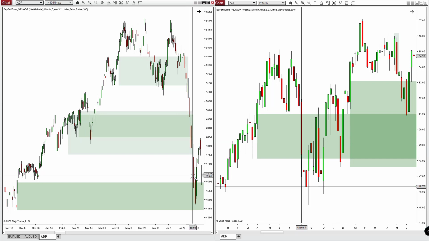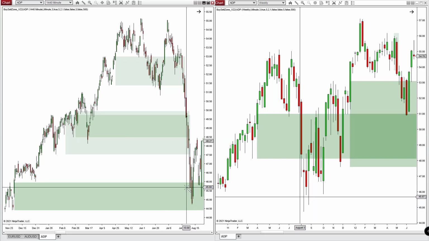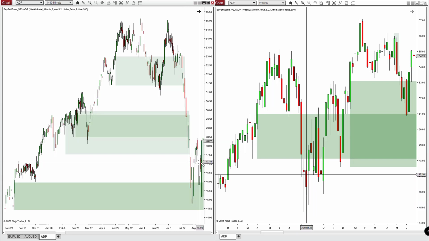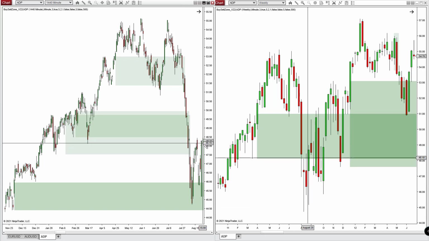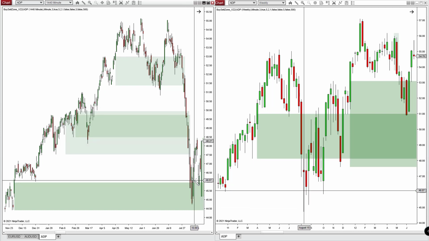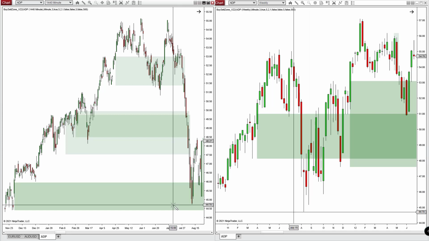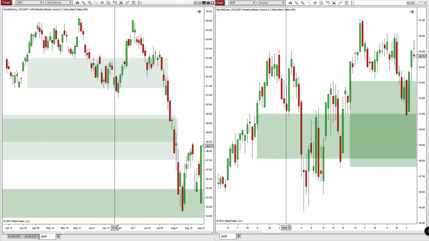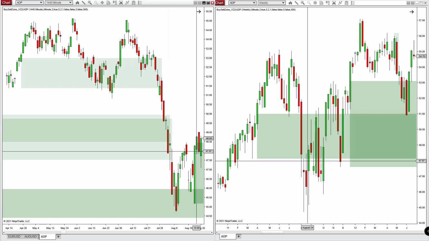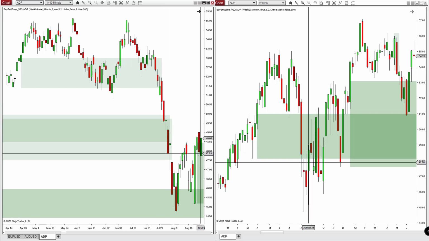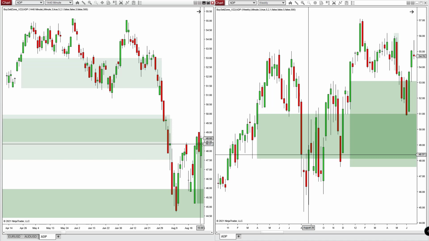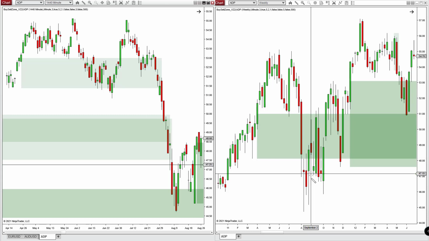We make this move down. Now what? Oh, perfect. All right, so now what I want to see is a situation where my daily chart gives me bullish market structure. And it looks like we're going to get it here. Okay, so here we go. Here's a situation where we have our move down on the weekly.